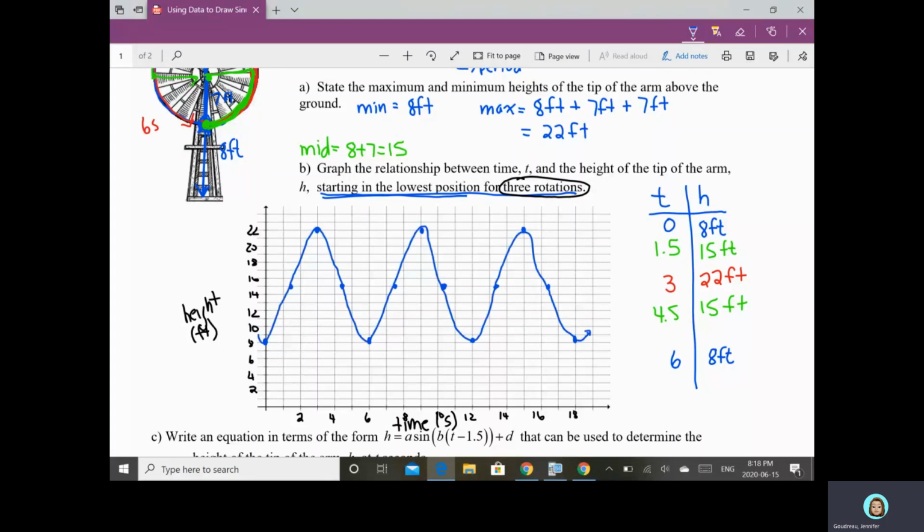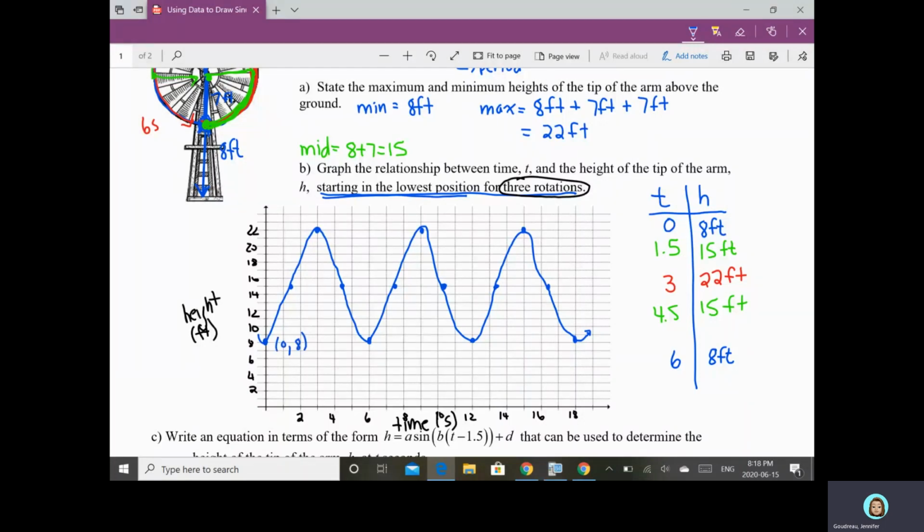And there is our graph of our relationship. This is the tip of the windmill. It's at the bottom. It travels up to the top. It goes down to the bottom again, and it does that again and again. We can label some points on here. Let's just label our first rotation.